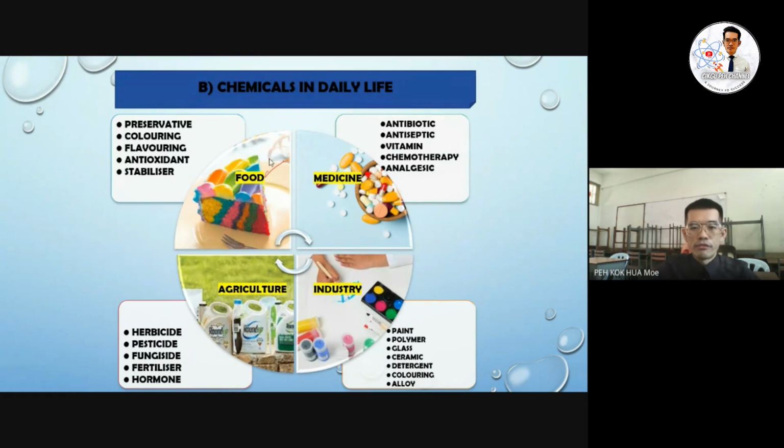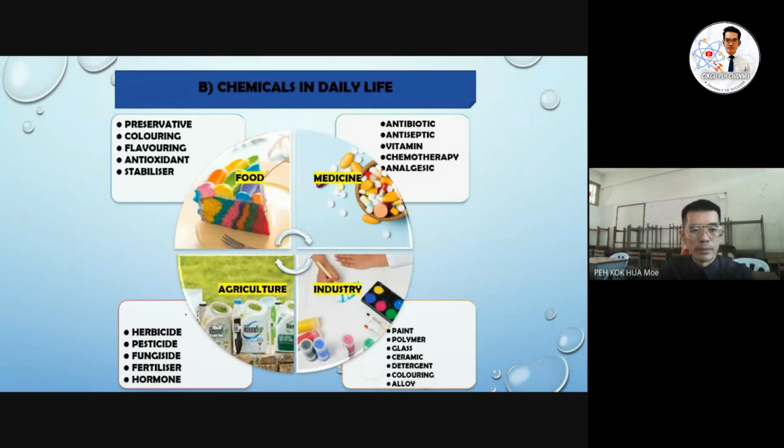The second field we have to discuss is the chemicals used in agriculture. The first one will be herbicide. The herbicide is a substance that is toxic to plants, used to destroy unwanted vegetative plants such as grass. And next will be pesticide.